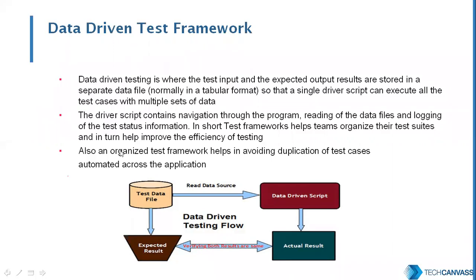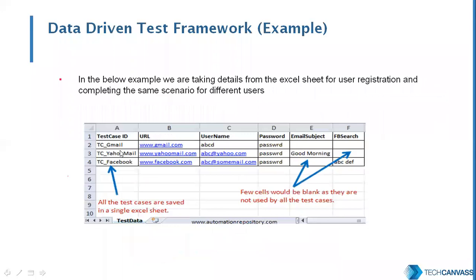If we see an example of a data-driven framework, consider the registration of a user for Gmail. You can see the URL for that user registration, the username and password that we would be using, as well as some other details that we would be using for the registration scenario.